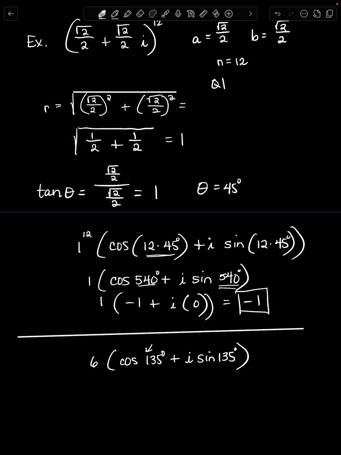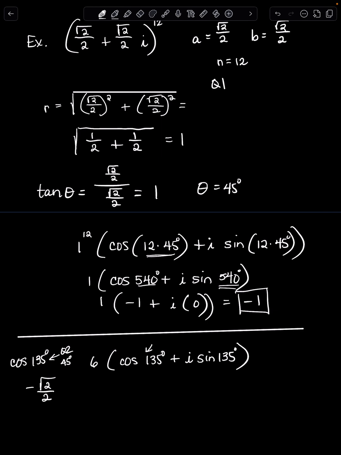Remember that the cosine of 135 degrees is in quadrant 2. My reference angle is 45 degrees, and so this is going to be negative square root 2 over 2.